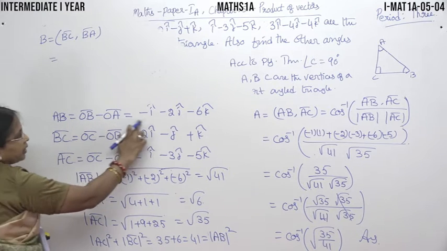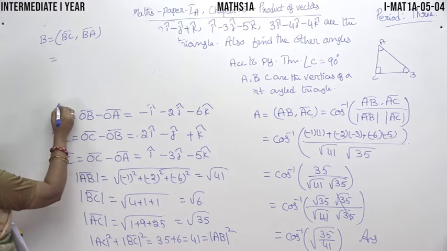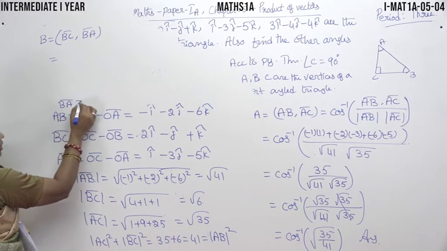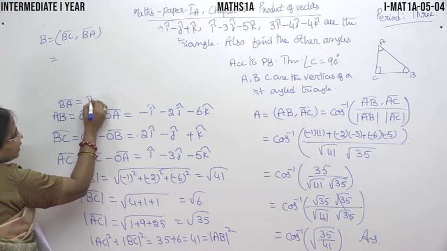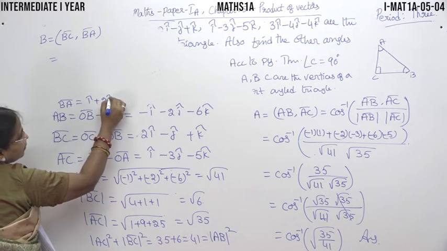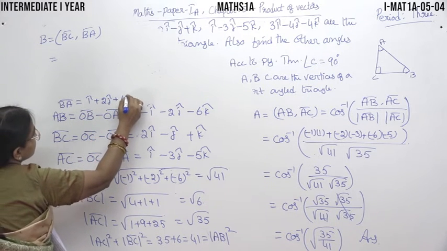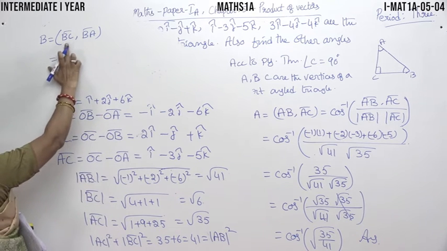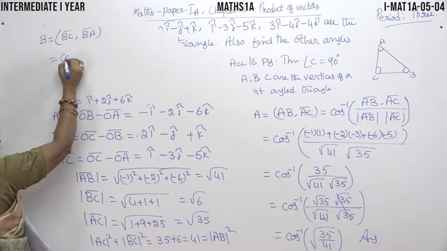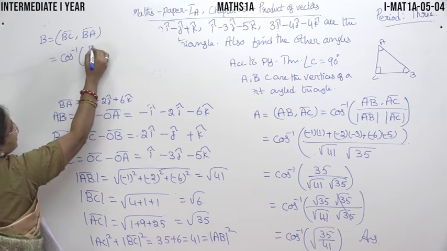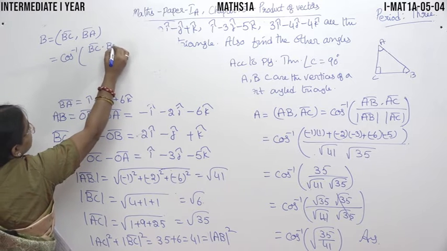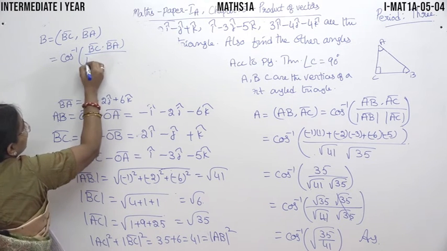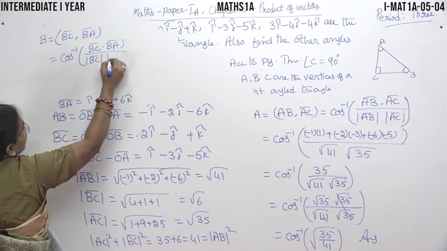So when AB is this, BA will be minus of all this, so it is i plus 2j plus 6k. This is BA. Now the angle between BC and BA is cos inverse of BC dot BA by mod BC into mod BA.